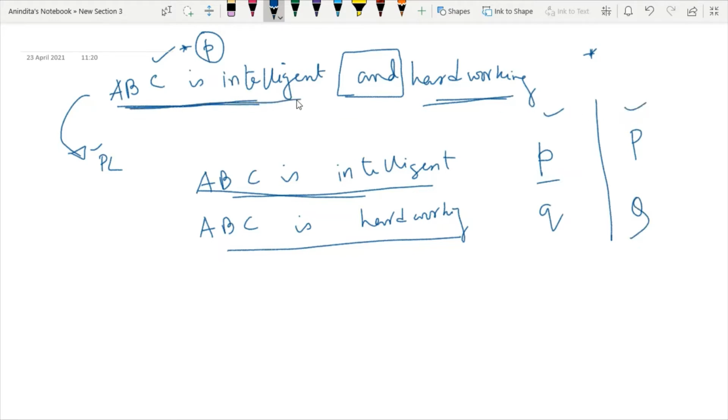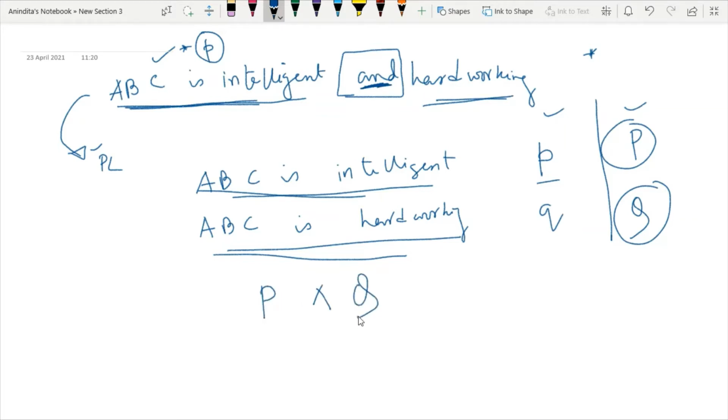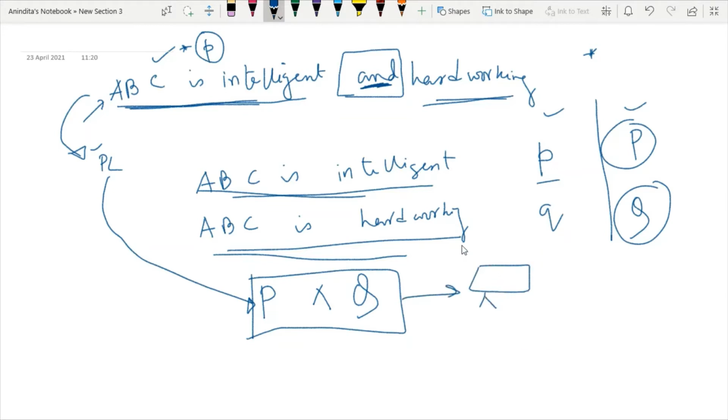Now, ABC is intelligent means P and ABC is hardworking means Q. In between these two sentences, we have the and connective. So I will write P and Q. This is your real world information, and this is how you convert it into propositional logic so that your AI machine can understand the meaning of this information gathered from the environment.